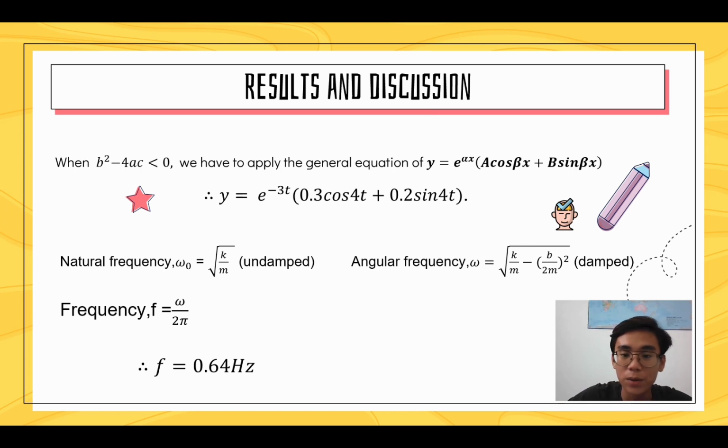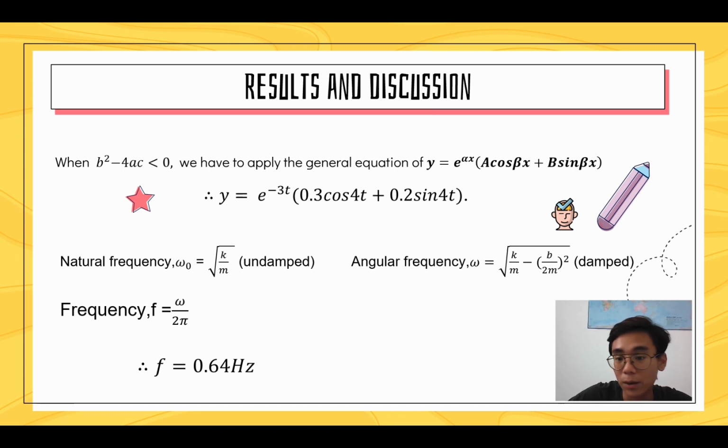For the angular frequency, omega equals the square root of k over m minus b over 2m squared, and this is for the damped system. In this question, our system is a damped system, so we have to apply the formula of angular frequency, omega.